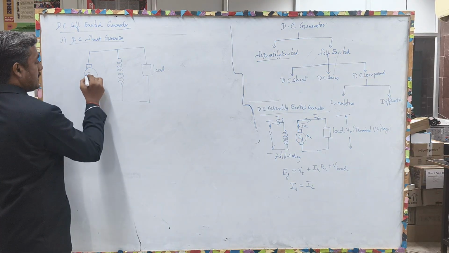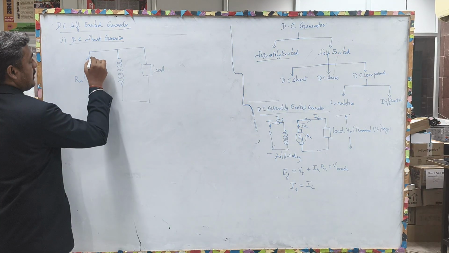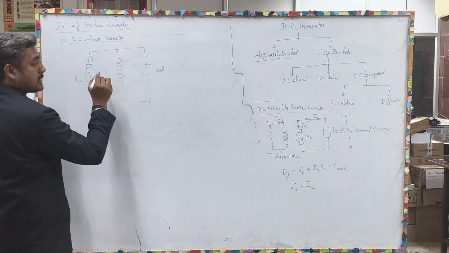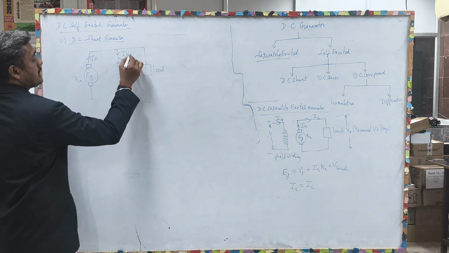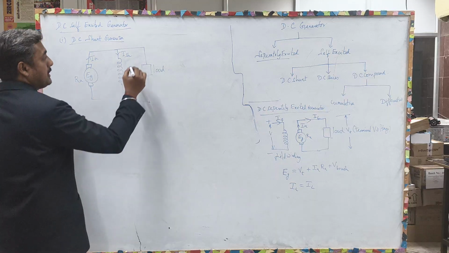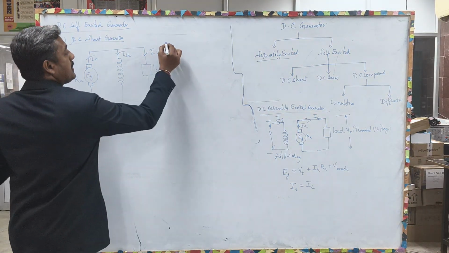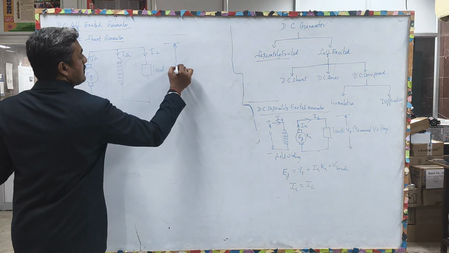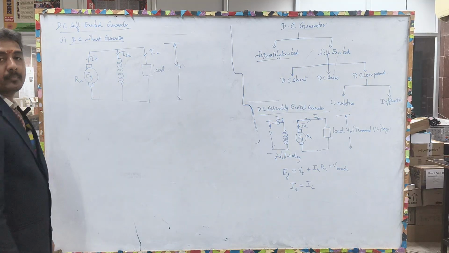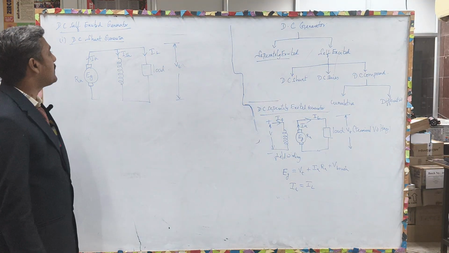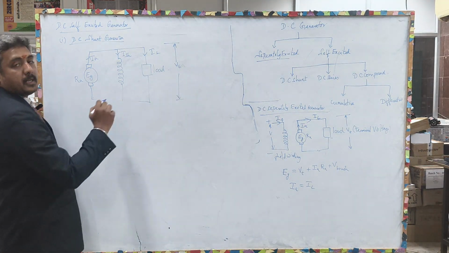Okay, here you will be having the generated EMF EG, RA, and the current flowing from the armature is taken as IA, towards the field is taken as ISH because shunt field, and towards the load is taken as IL. Terminal voltage is taken as VT.